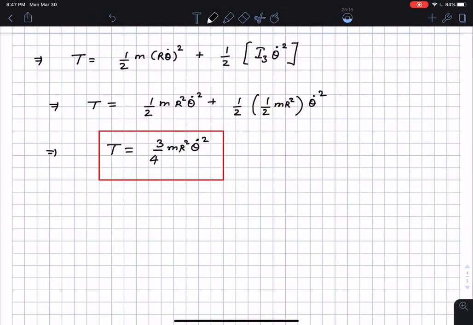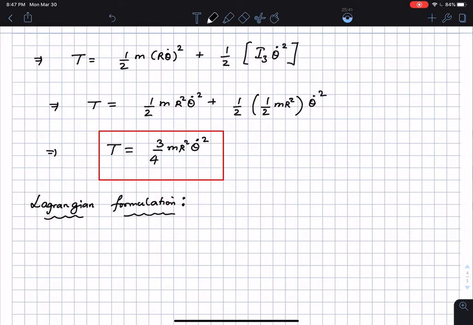Now one thing we're going to be doing is bringing back the Lagrangian formulation. So back to the Lagrangian formulation. For us the generalized coordinate is theta, and this is a holonomic system.